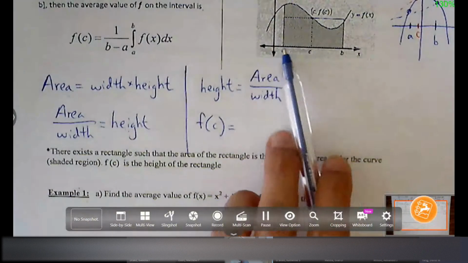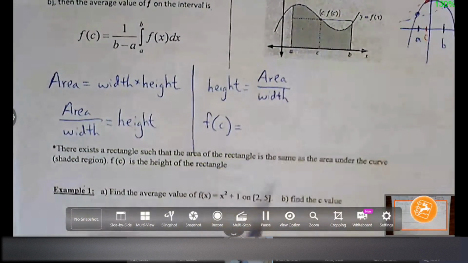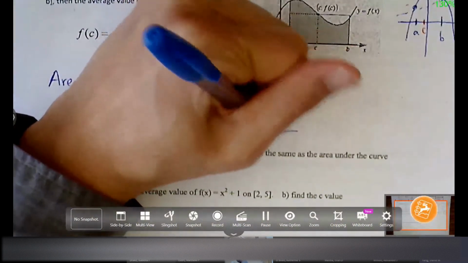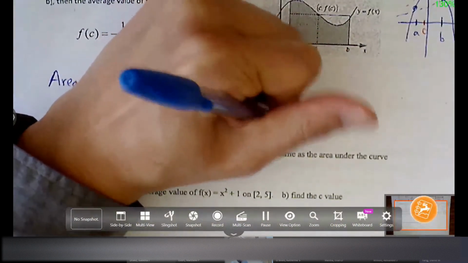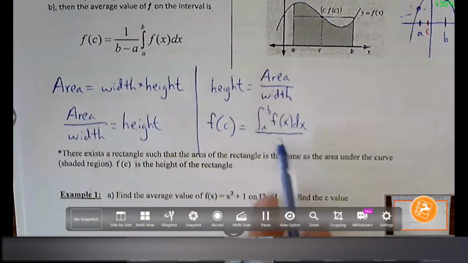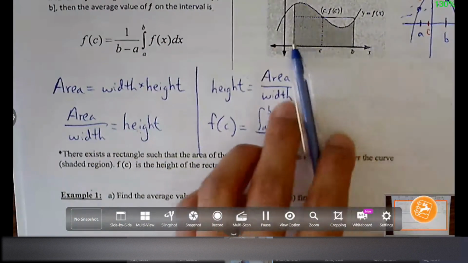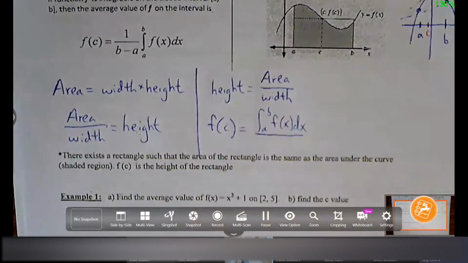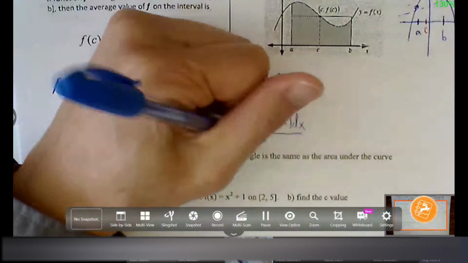So I'm going to say the definite integral from a to b of f of x is my area, divided by the width, and the width is just the distance between my endpoints, so that's b minus a. That's the width of my rectangle.